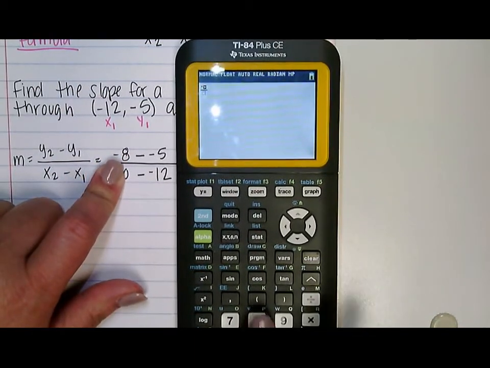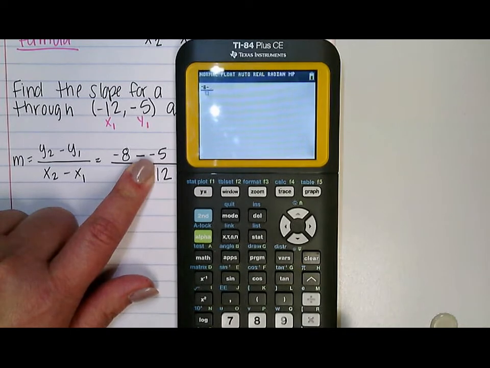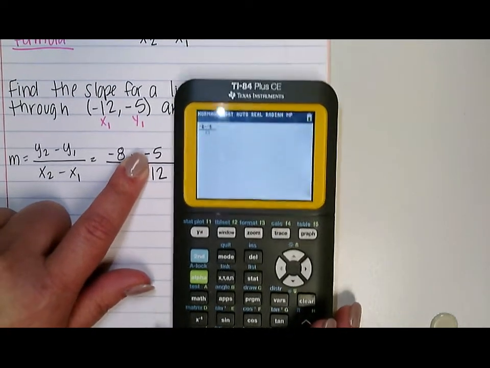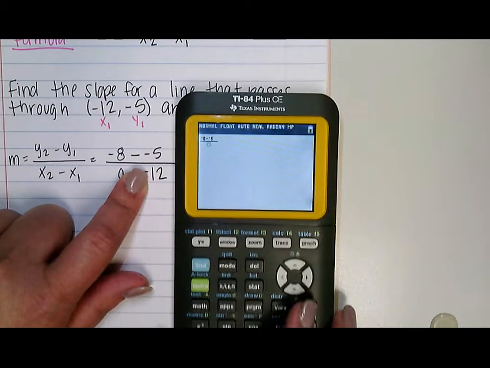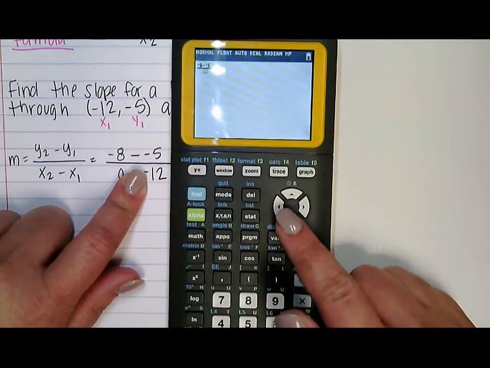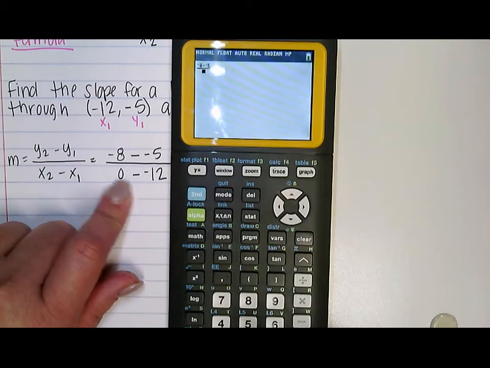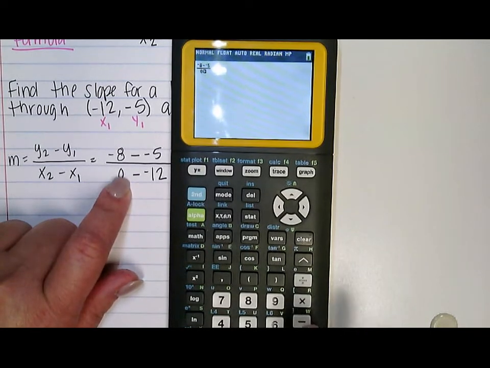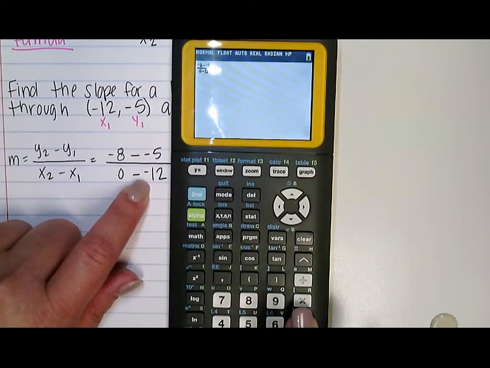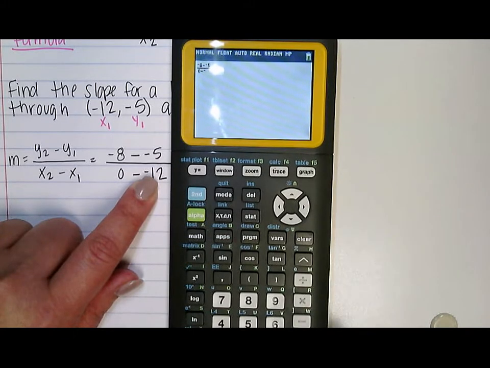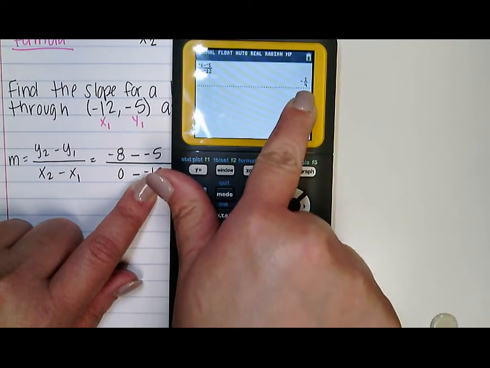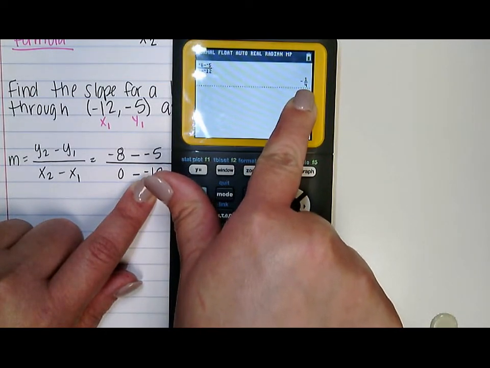So negative 8 minus negative 5, just like it is on the top. Then press down arrow, and type in what's on the bottom. So 0 minus negative 12. Enter. And there's your slope: negative 1 over 4.